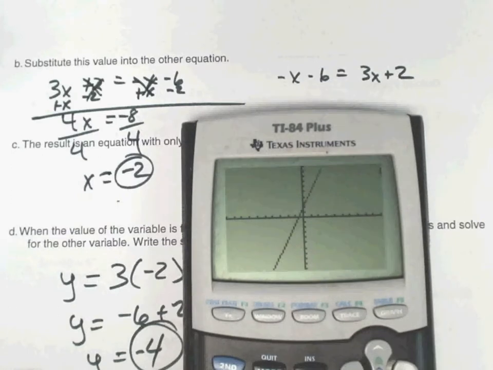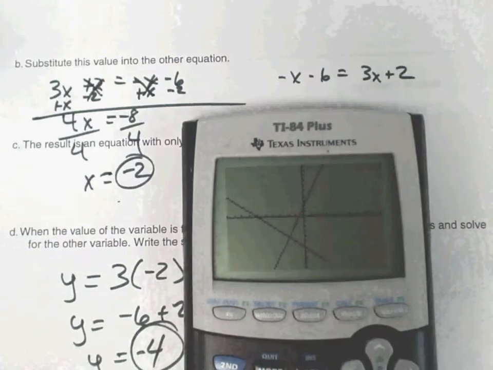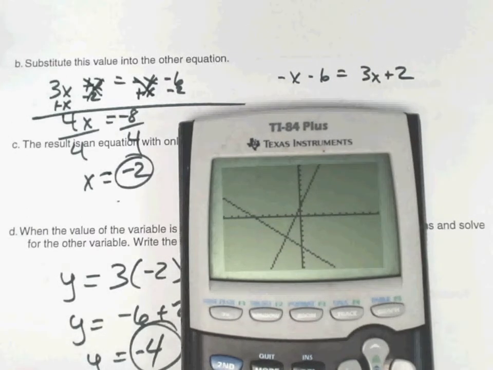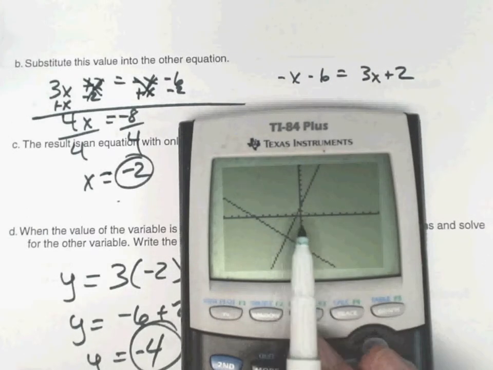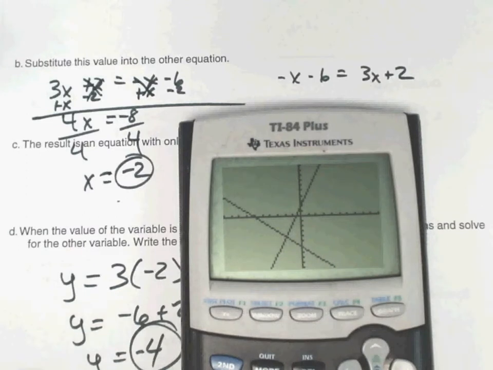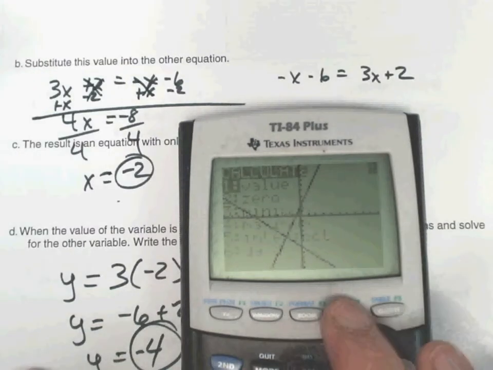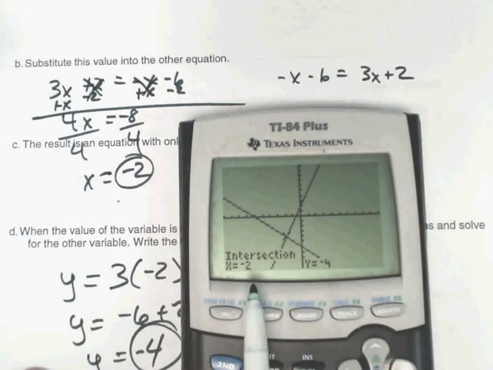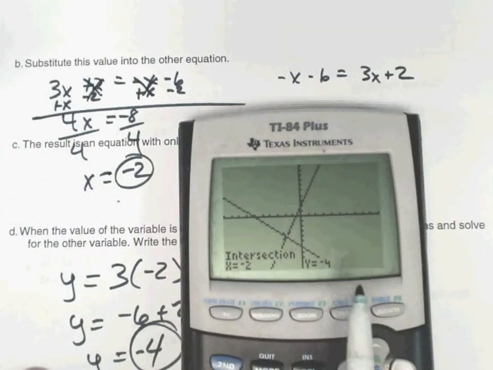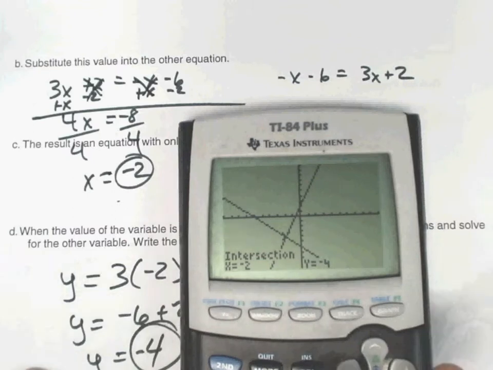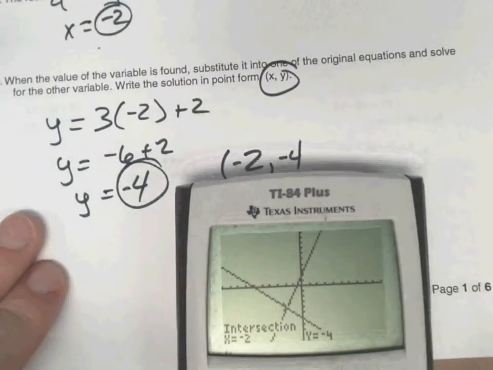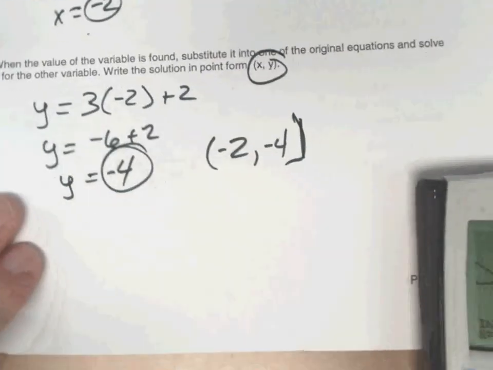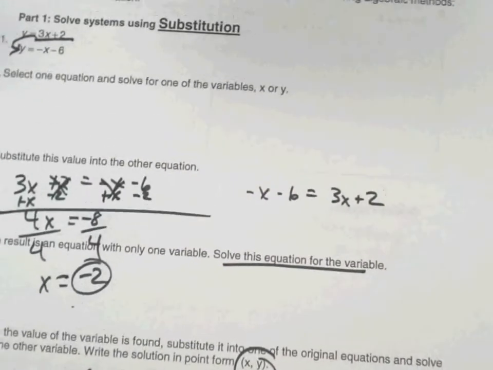Now I can graph it, and I can see my solution for these 2 on here. It looks like it went over negative 2 and down negative 4, but I don't have to trust that. I can do my second trace, 5, enter, enter, enter. And I see right here that my solution says x is negative 2, y is negative 4. So that's the solution that I got when I worked it out. So that's one of the ways we can check it.